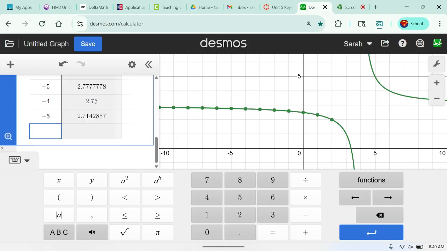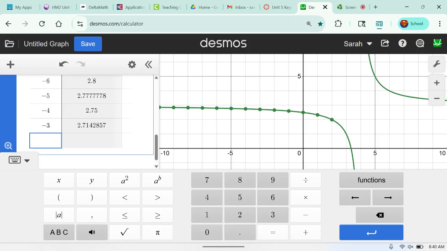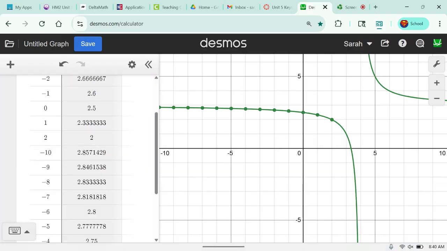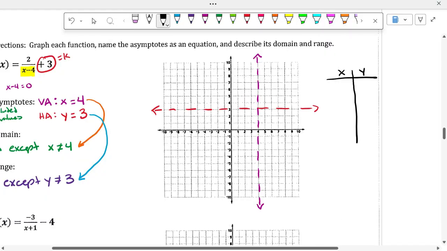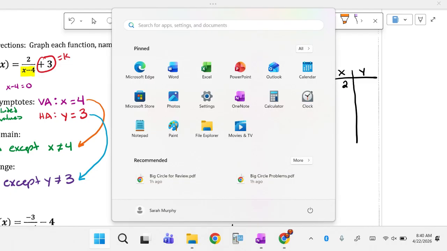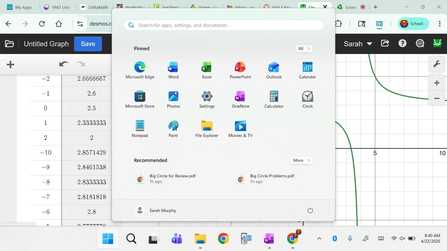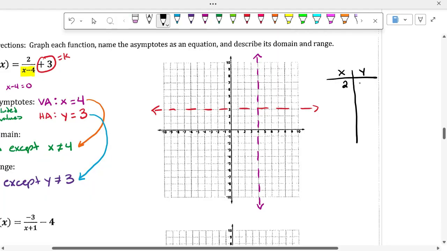We know -2 through 2. 2 will work. So 2 is the first one that works. So that's the one we're going to use. So 2's first, and it will go to 2. So we got 2, 2.